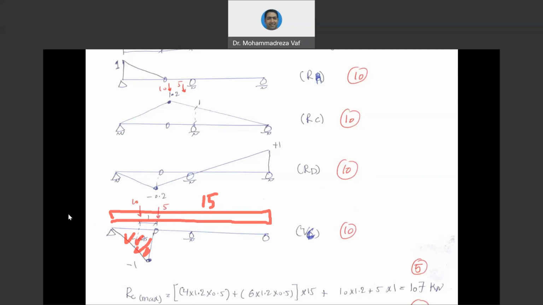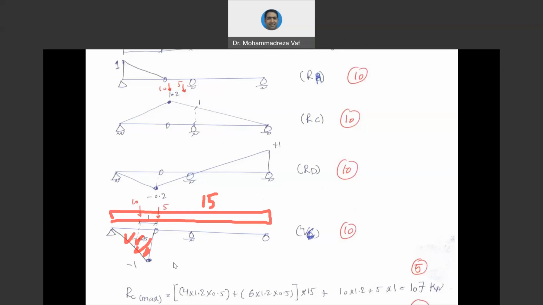Another scenario is the time that maybe you have only 1 point load applied at the location of the internal hinge, meaning the moving load is moved and 5 kilonewton is at the support and 10 kilonewton is exactly at the joint. So for that scenario, you have only 1 point load acting on the influence line. So it's going to be 10 multiplied by negative 1.